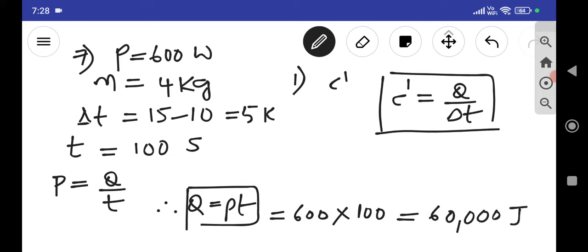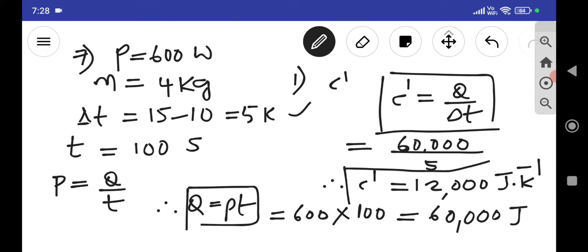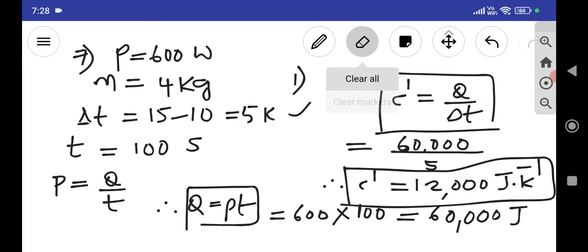So Q is equal to 60,000 joule and delta T is 5. So therefore heat capacity C dash is nothing but 12,000 joule per Kelvin. Hope everyone understood this. So first question we got nothing but 12,000 joule per Kelvin.